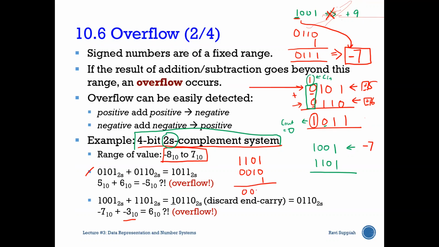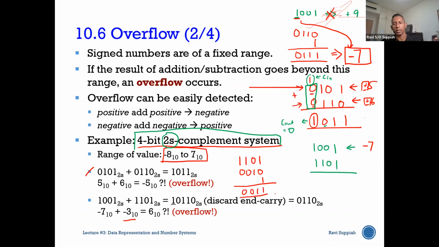It becomes 0, 0, 1, 1, which is 3. But since the original value has the most significant bit as 1, I put a negative 3.